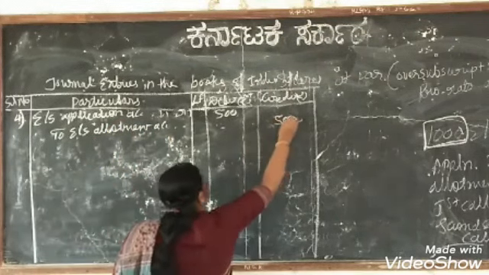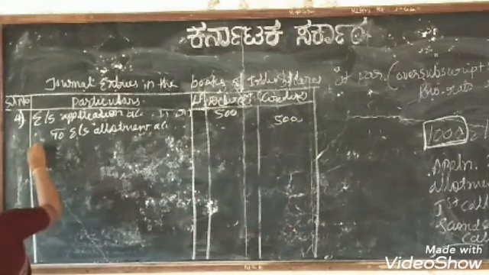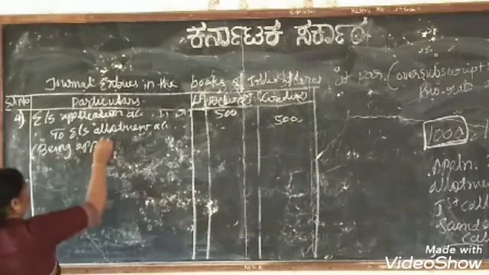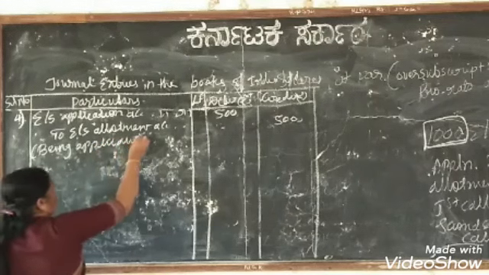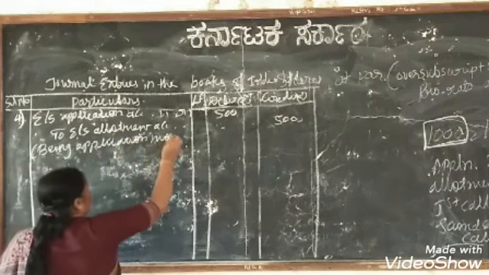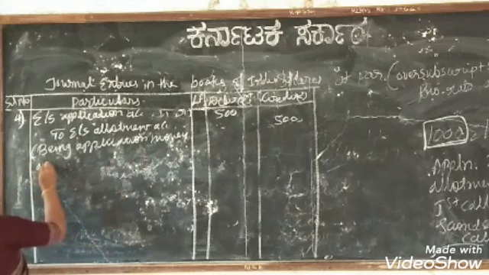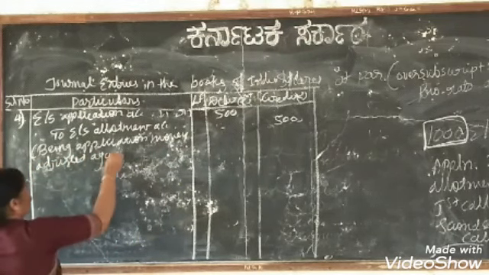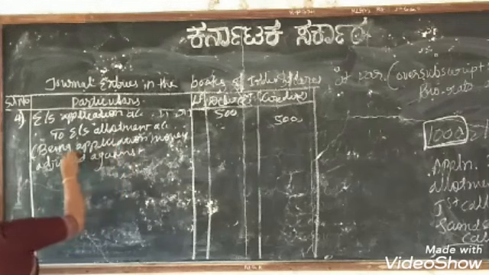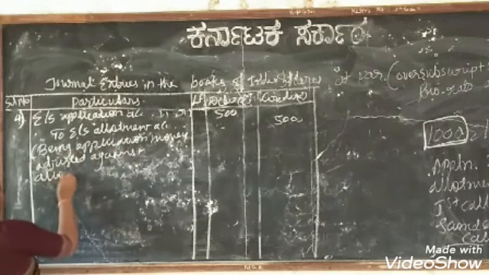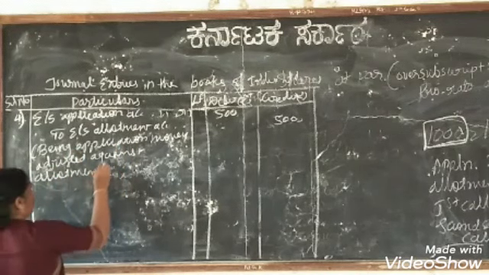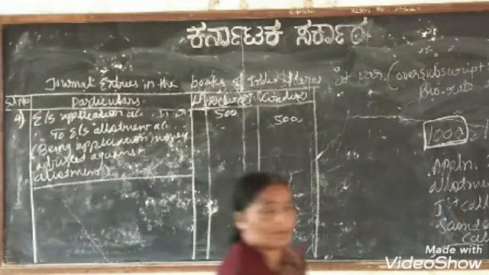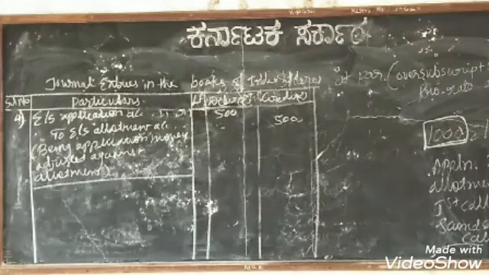Narration: being application money adjusted against allotment. This is for here. These first 4 entries are for application money.